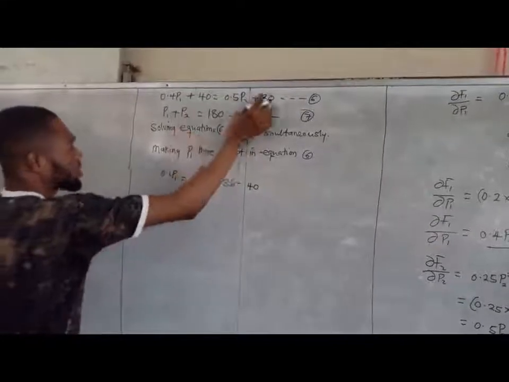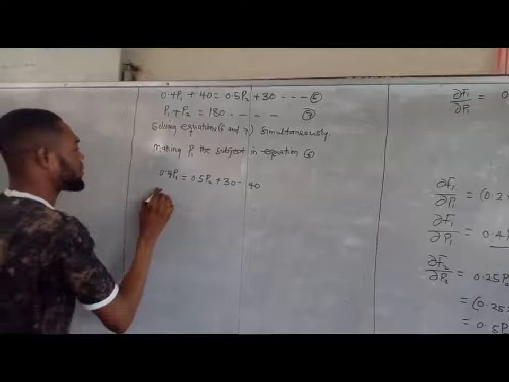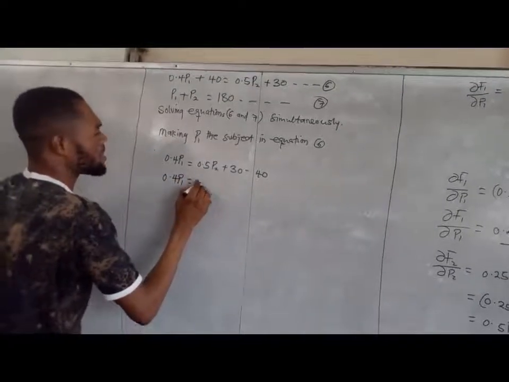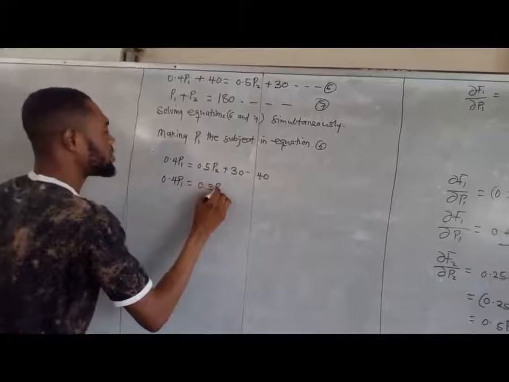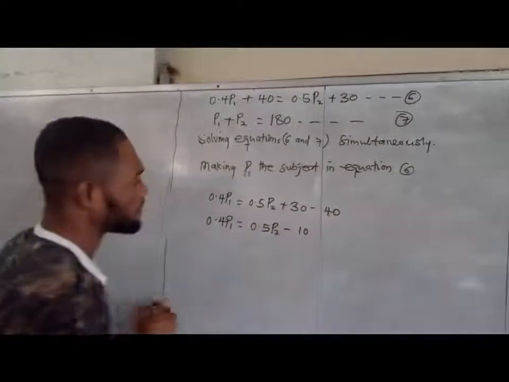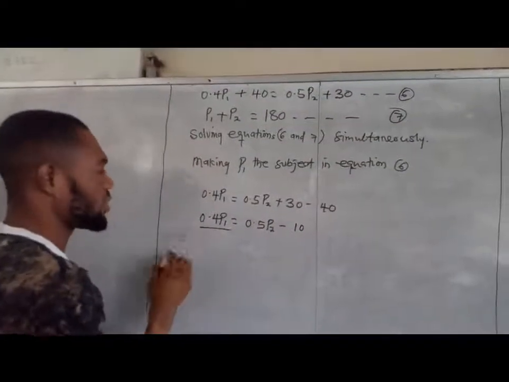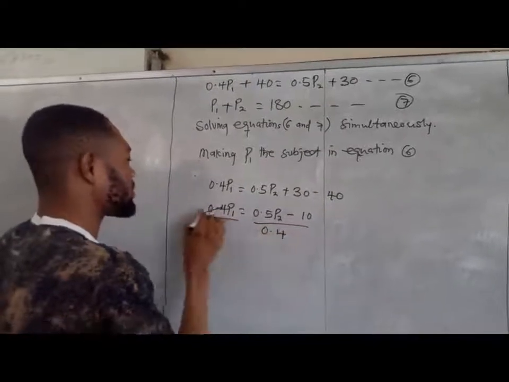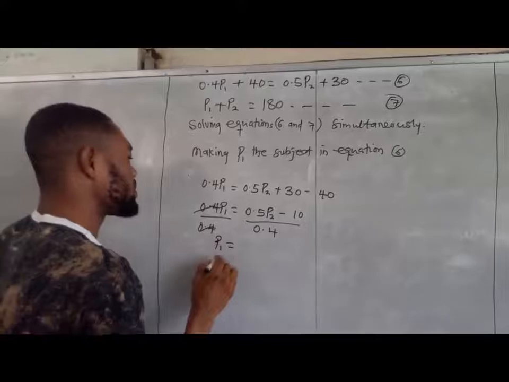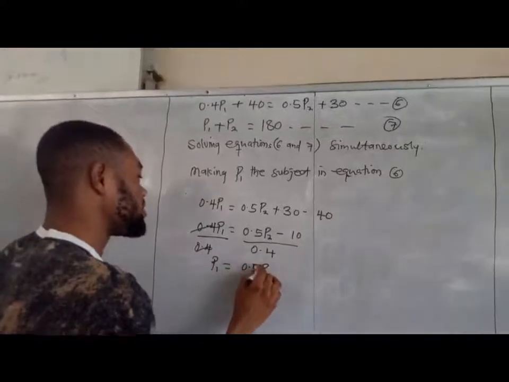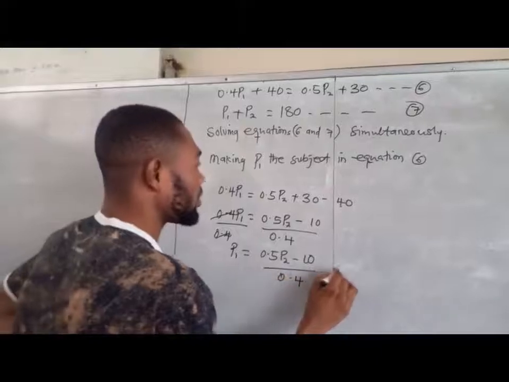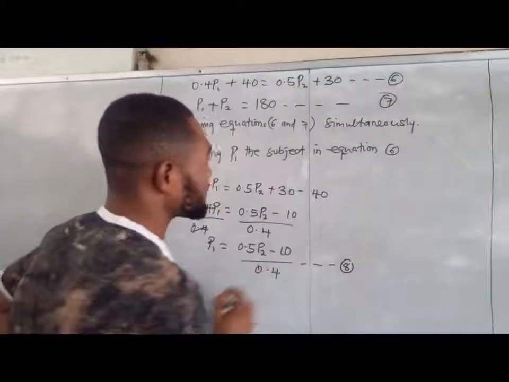I just sent this one across here. So we have 0.4 P1 equals 0.5 P2 minus 10. I want P1 alone, so the 0.4 goes across: P1 equals 0.5 P2 minus 10, all over 0.4. Let's call this equation 8.